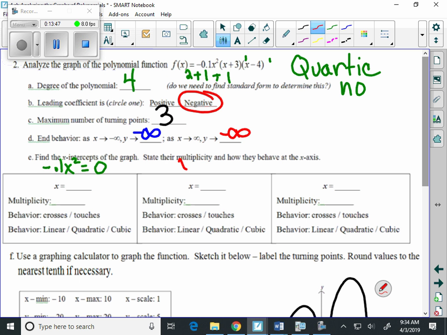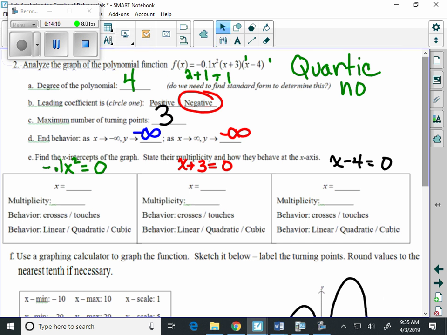We would take x plus 3 and set it equal to 0. And we would also take x minus 4 and set it equal to 0 to help us find these values. Again, you could look at your calculator screen because we just drew these already.